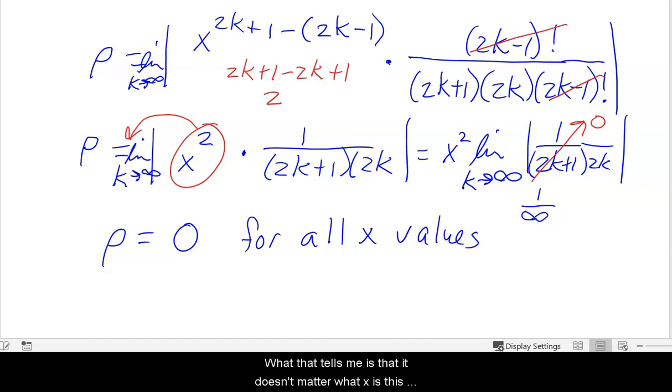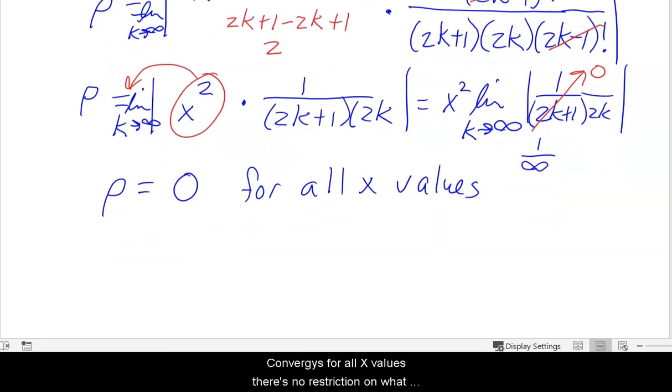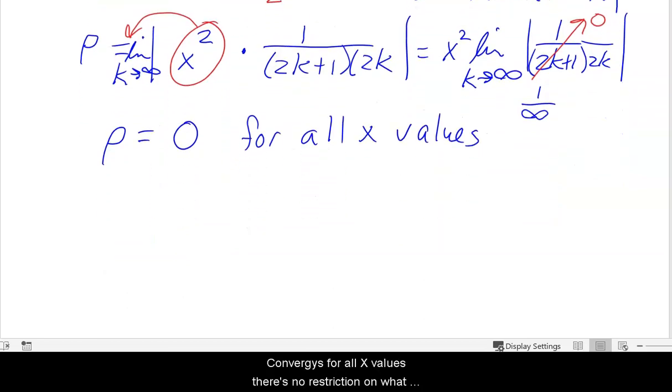What that tells me is that it doesn't matter what x is, this converges for all x values. There's no restriction on what I can put in for x that will still make this converge to the value of sine of x. That means I can plug any value I want into this infinite polynomial, and I will get the precise value of the sine function right there.